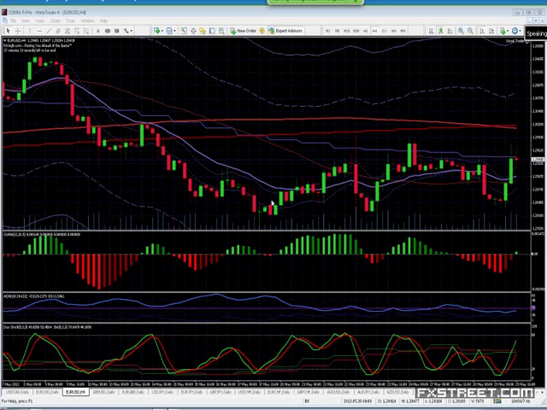Okay? The tunnel of fives, you guys, is basically kind of my buffer or noise zone. What I use as the middle of my chart is a 21 exponential moving average. It happens to be my personal favorite one.